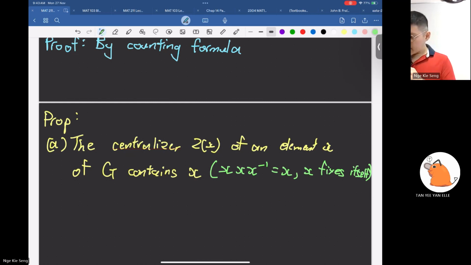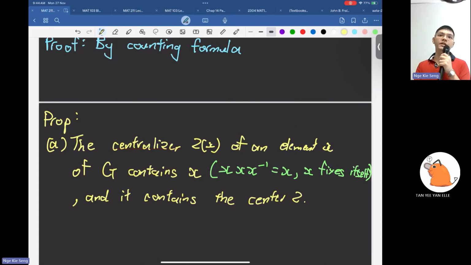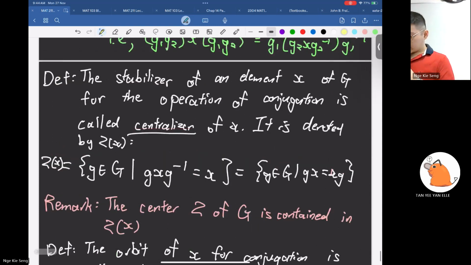Okay, so x fixes itself. And then, like what I said just now, this centralizer must contain the center. So you need to show that every element in the center fixes x. Can you think why this is obvious?